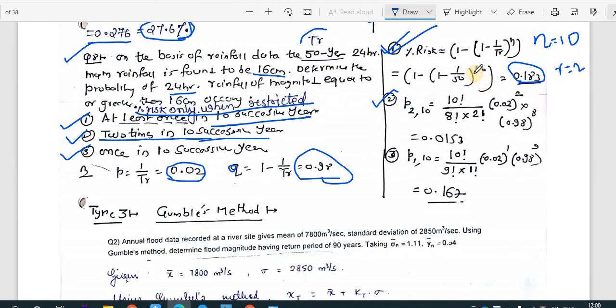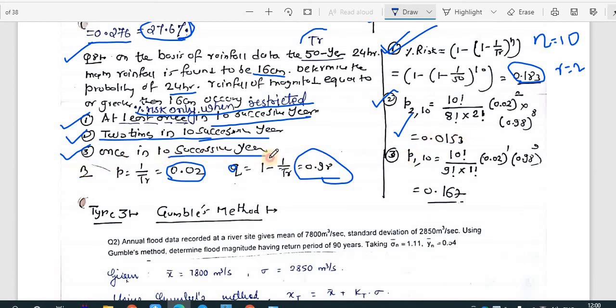It is happening for 10 years, so n will be 10, n minus r will be 10 minus 2, that will be 8, and r is 2. Over here we have p to the power r, 0.02, into q, 0.98, to the power n minus r, that will be 8, so this value is coming out to be 0.0153.